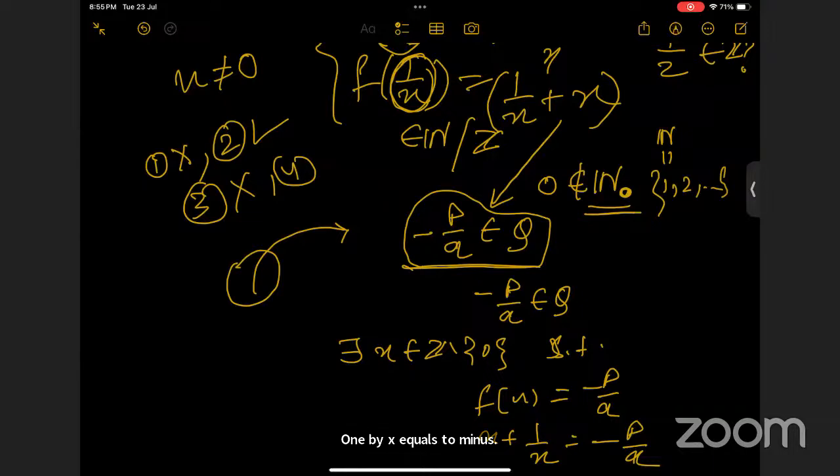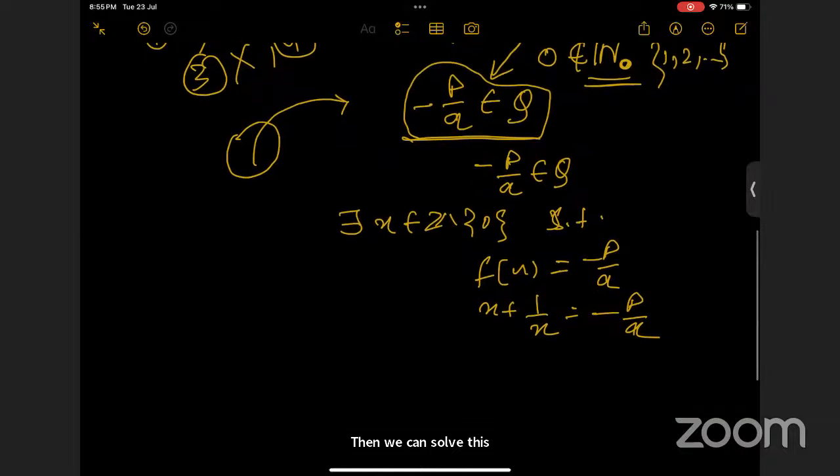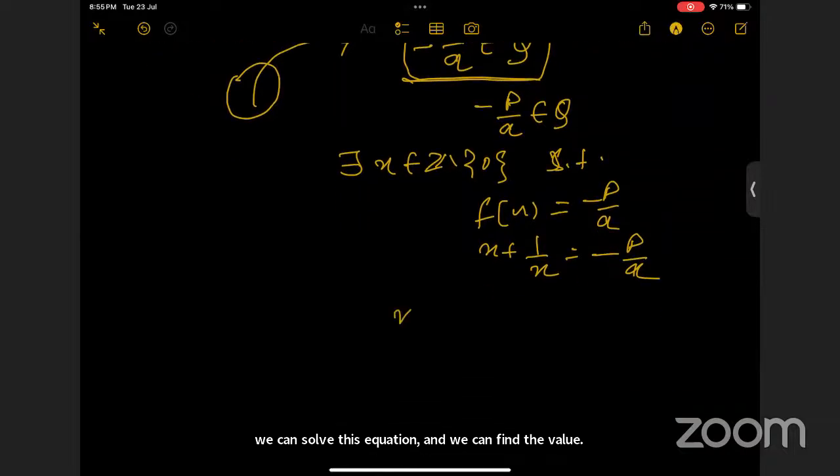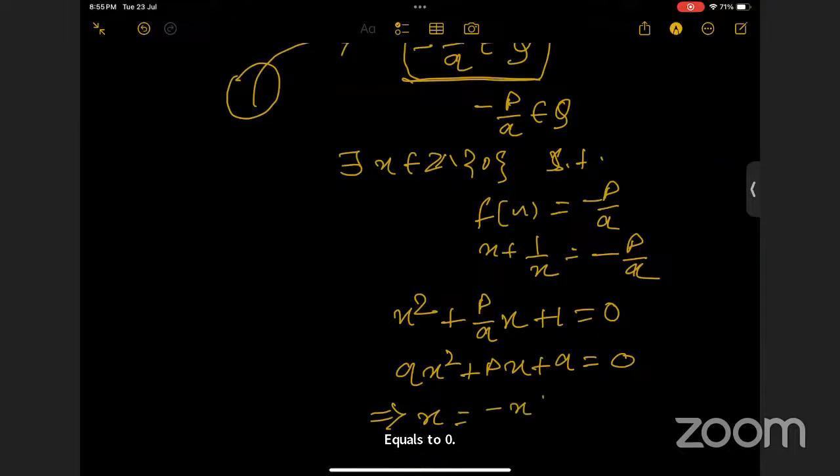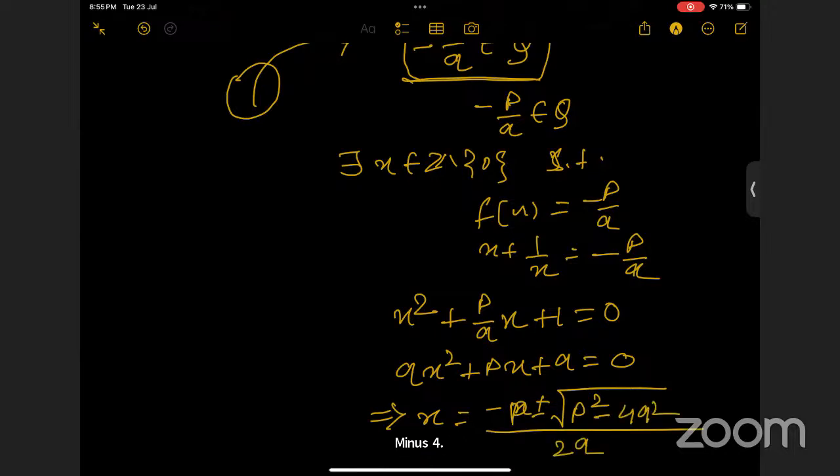Then we can solve this equation and find the value of x. x square plus p by q x plus 1 equals 0. We will get q x square plus p x plus q equals 0. From here, x equals minus p plus minus root over p square minus 4q square, by 2q.